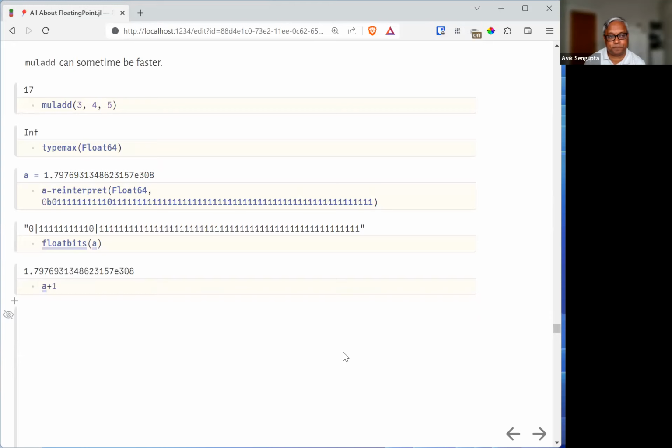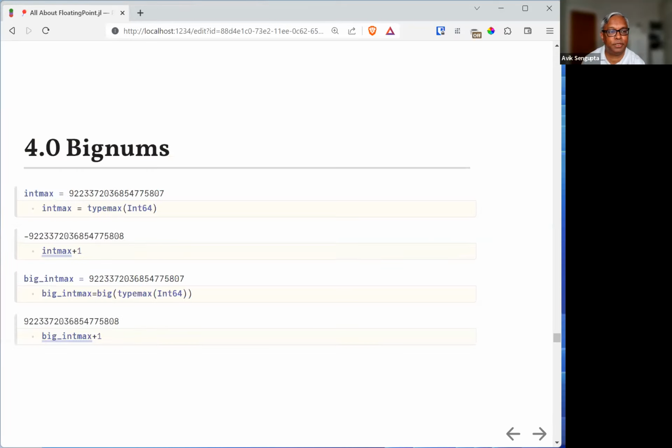Now FMA, depending on the CPU, can be faster or slower. So you should maybe use a function called muladd, which uses either FMA or native operations, and chooses the right methodology, and it's typically faster than just using FMA directly, right?